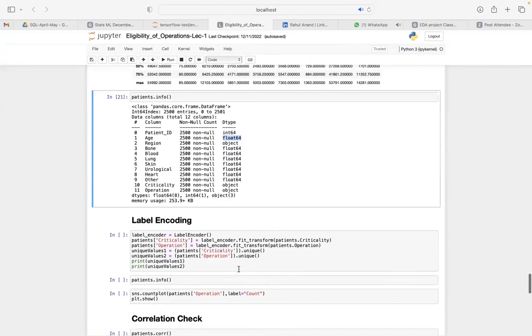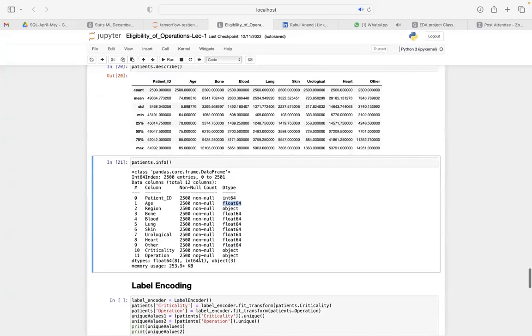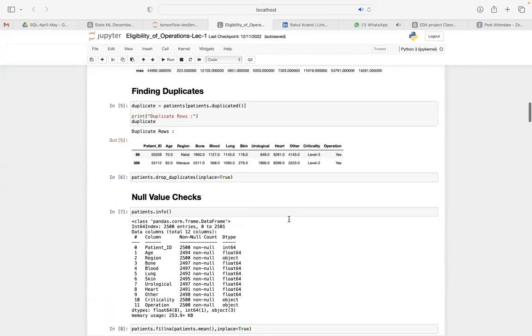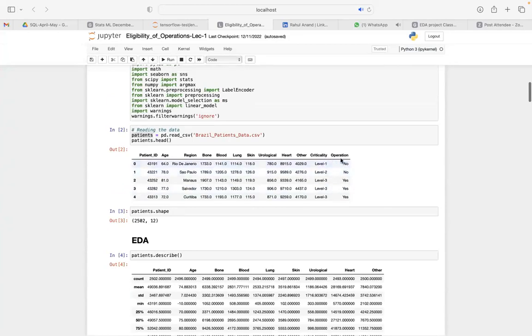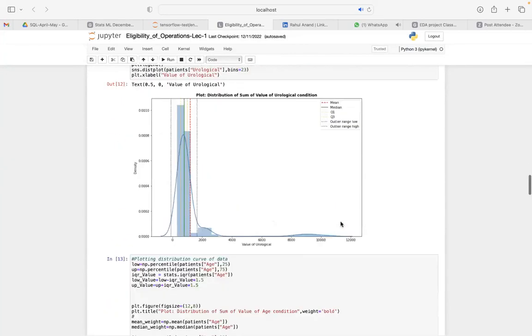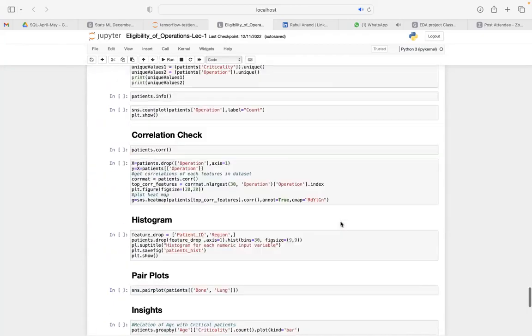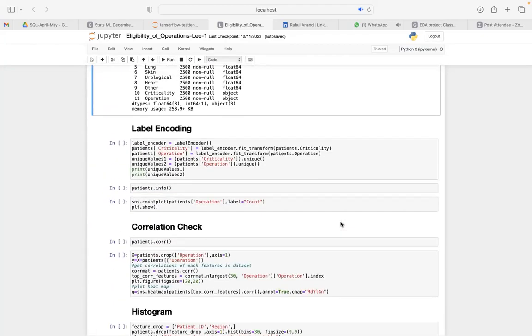Okay. Now, at the very beginning, you can see that these particular values, criticality and operation, are categorical variables. Obviously, there are 3 levels of criticality and 2 values in operation, yes or no. So in order to give the machine learning algorithm an idea, you do need to do label encoding.